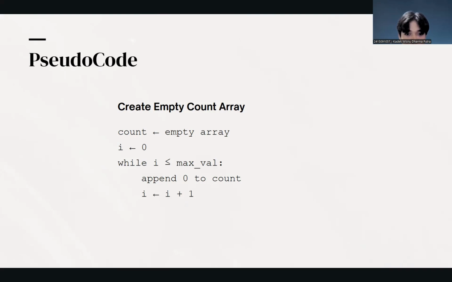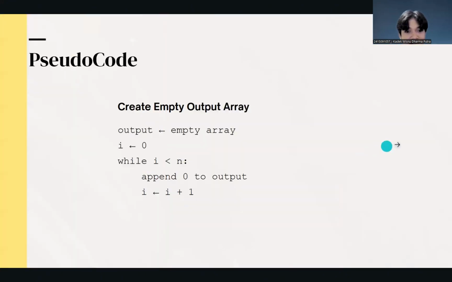If the condition is true, we will add a 0 value to the count array, and the e variable will be added with 1. Next.